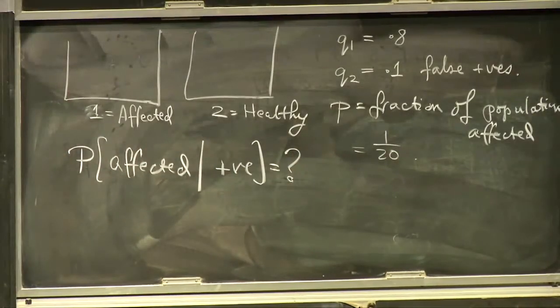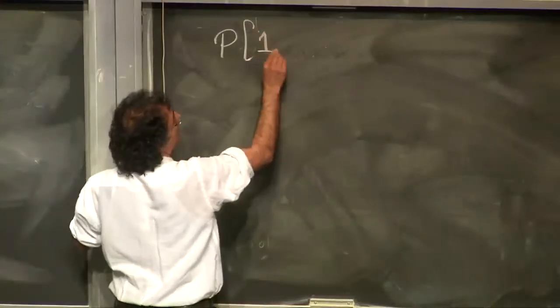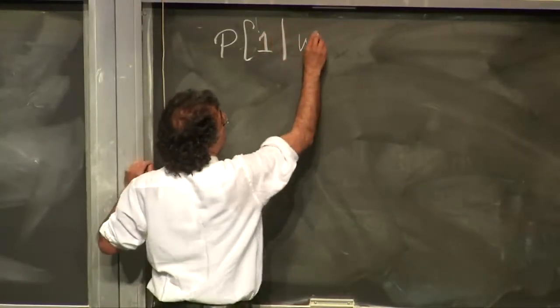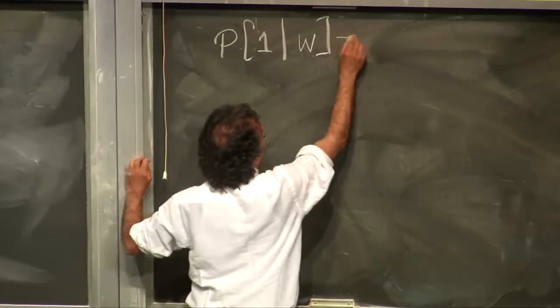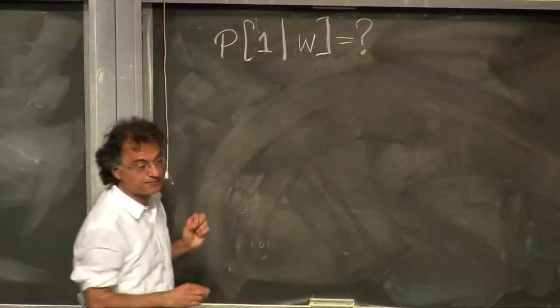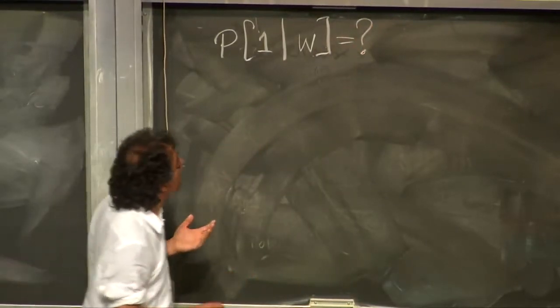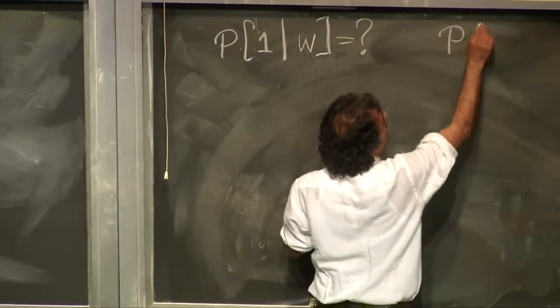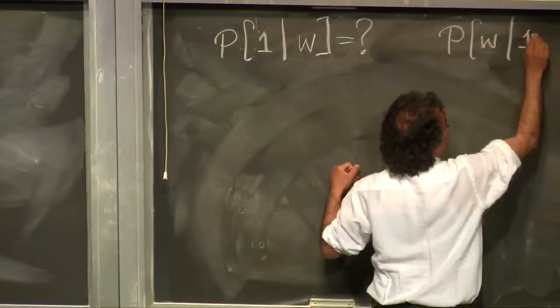Right? Okay, so in all these problems, the common element is that what we want to know is the probability of bin 1 given white. This is what we want to know. And what do we actually know? Well, what we know is the probability of white given 1.